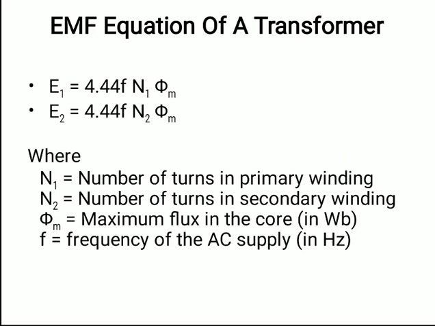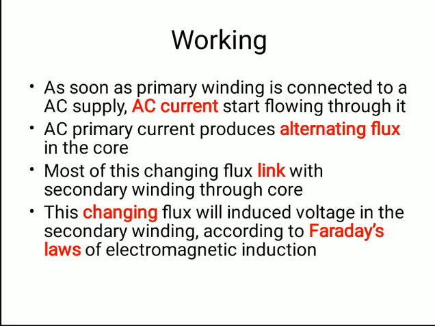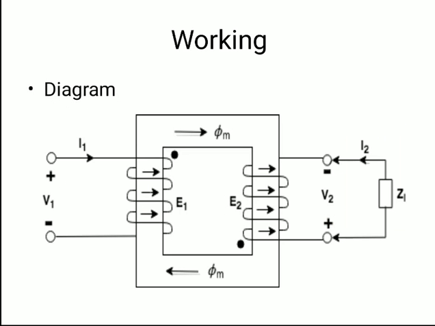EMF equation of a transformer. Okay, so there is one EMF equation also. Let us see what the EMF equation is. E1 is equal to 4.44 f N1 phi m. f is nothing but the frequency. What do you mean by N1? N1 is nothing but the number of turns in the primary winding.